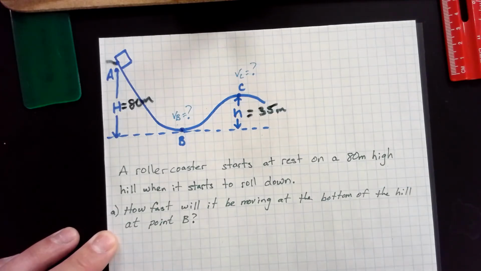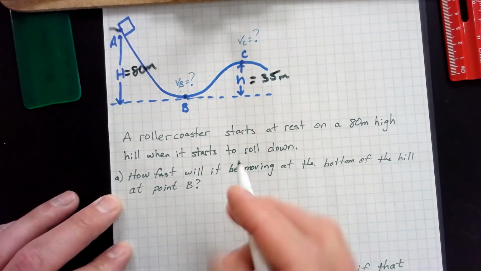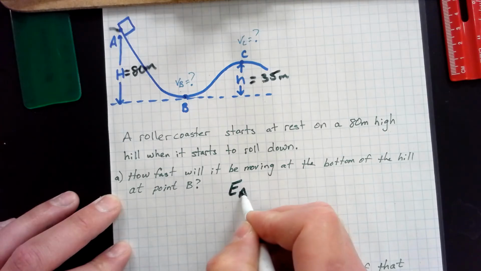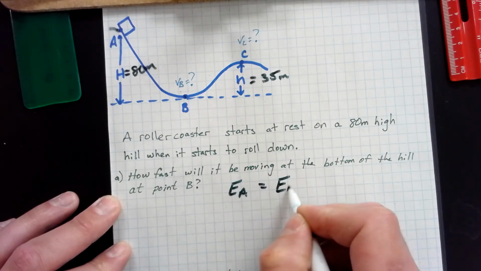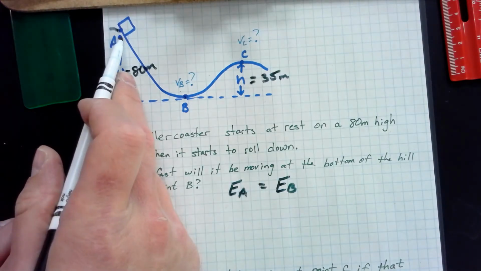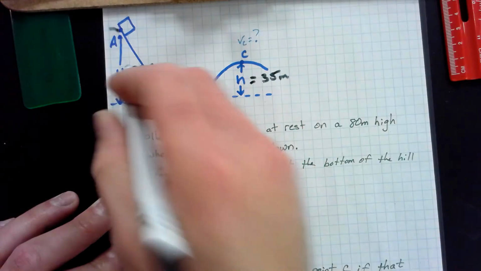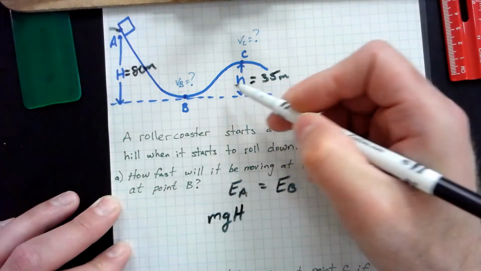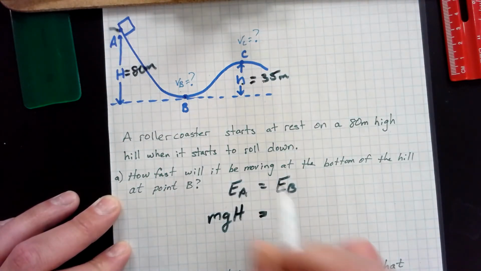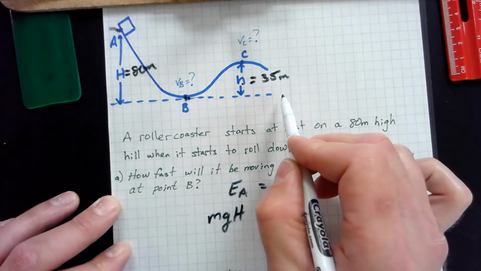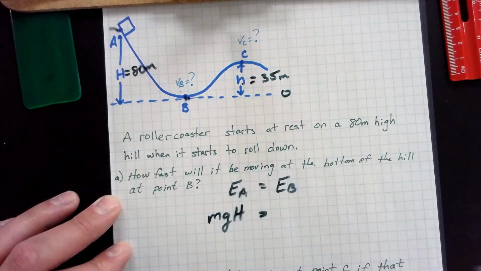How fast is it moving at point B? So we look at point A. The energy at point A has to equal the energy at point B. At the top, is it moving? No. Does it have a height? Yes. And there's no spring. So this is just mgH, and I used a big H there to differentiate from this hill right there. At point B, does it have a height? No, it's at the lowest point. There's no spring. Is it moving?